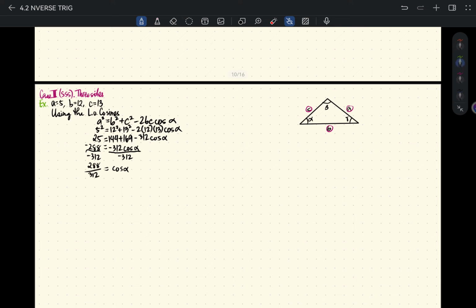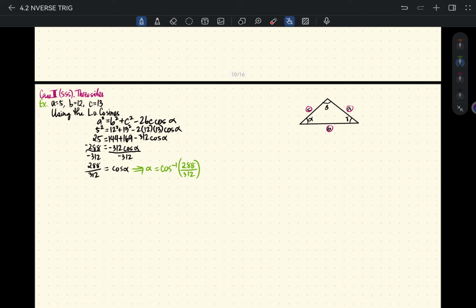And if you will use a calculator, we get here that alpha equals, take note that the range of cosine is negative 1 to 1. So that means I can actually apply the inverse function. So I'm applying here the inverse function to get alpha equals cosine inverse of 288 over 312.